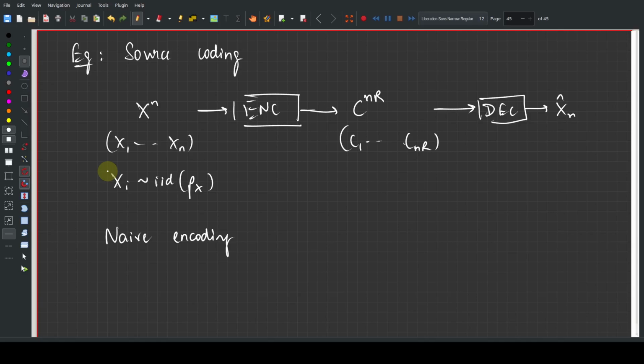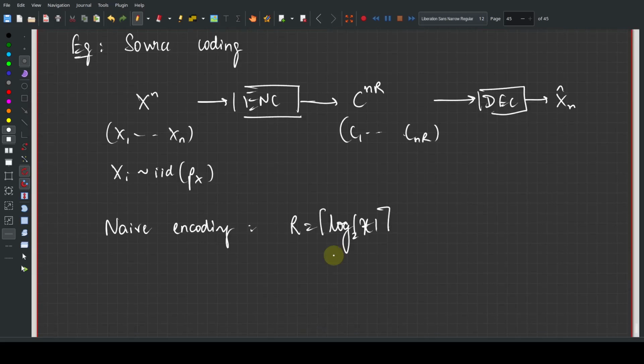And using 8 bits, there are 2 to the 8, 256 possible values. So the alphabet size is 256. So basically you need R being the ceiling of log of the size of X. Okay, so is it okay so far?